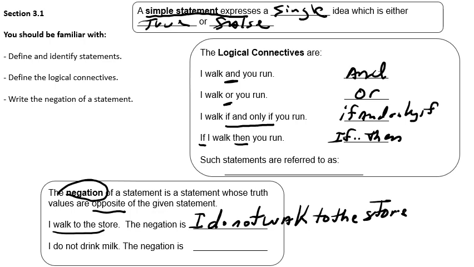The negation of I do not drink milk is I drink milk. Because again, to make sure something is a negation, when this one's true, so I don't drink milk, this one's false. When this one's false, which means I do drink milk, this one's true. That's the idea of a negation.